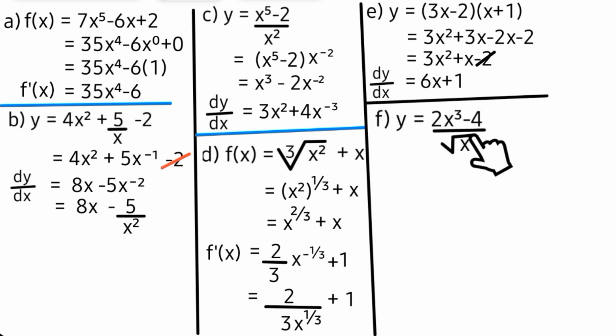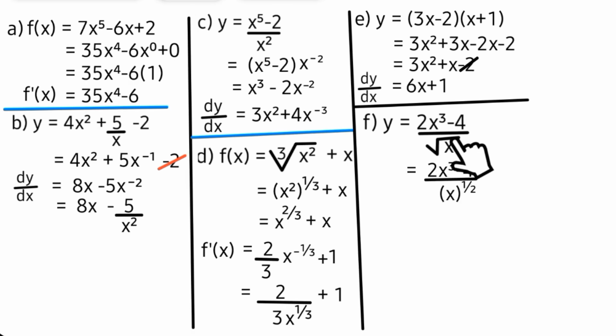Now let's differentiate this. So we have 2x raised to the power of 3 minus 4 divided by square root of x. Square root of x simply means that the x here is raised to the power of 1 over 2. 2x raised to the power of 3 minus 4, bringing x raised to the power of 1 over 2 to the numerator becomes x raised to the power of minus 1 over 2.